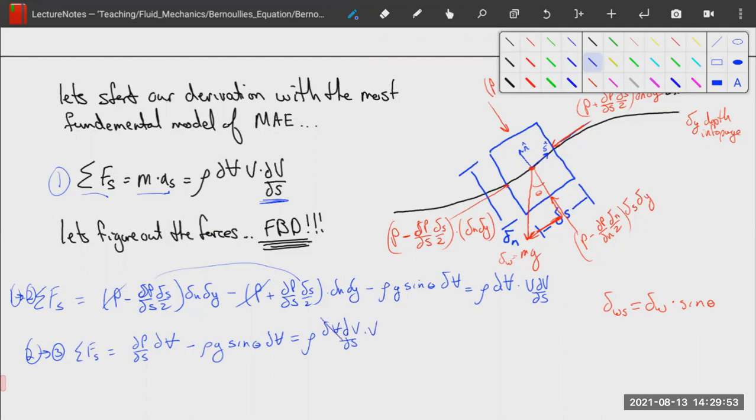Cool. So we can cancel out our differential volumes from everything, which is great. It's actually the whole reason why we use these differential elements the way we do.